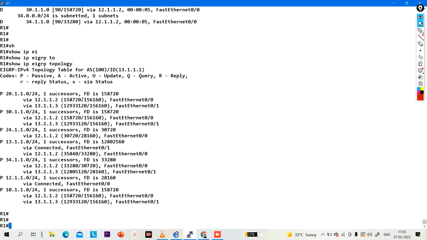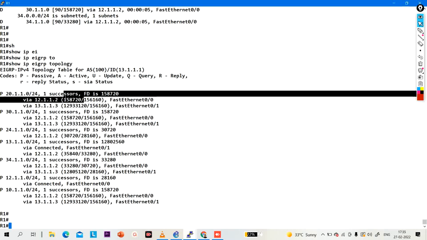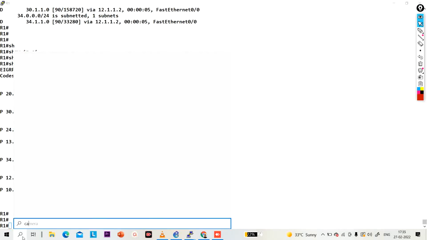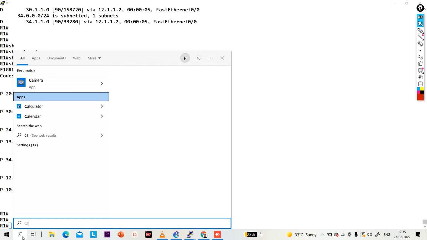Because if I multiply this metric by 2, still this is greater than the value I am getting by multiplying by variance. Actually, let me open the calculator. Let me make it clearer.